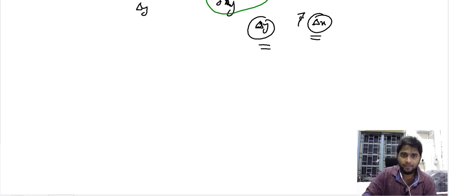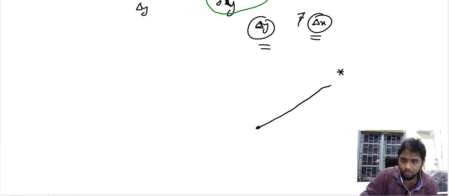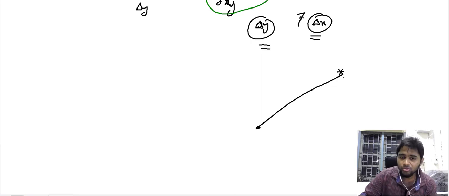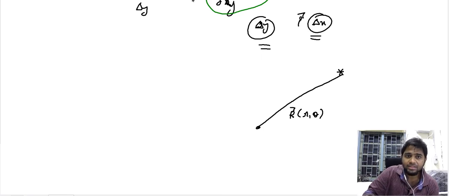Supposing we begin with a point again in space, and this point is defined using a position vector r. Instead of superimposing this position vector in the Cartesian coordinate system, I am considering another coordinate system that I'm introducing: polar coordinates r and theta.